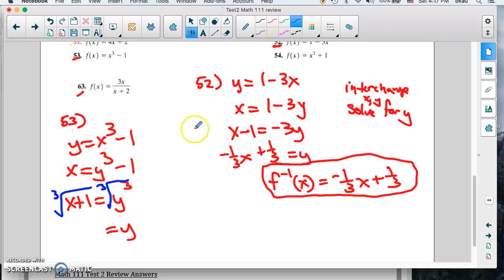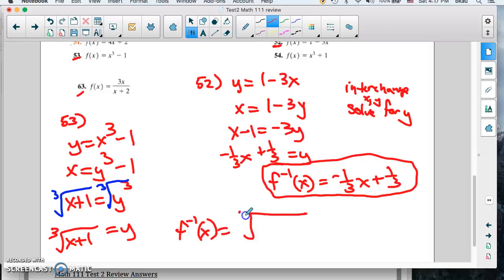So our answer is going to be the cube root of x plus 1. We would write that in inverse notation. We're still using f of x, so we write f with a little -1 for inverse. It's going to be the cube root of x plus 1.